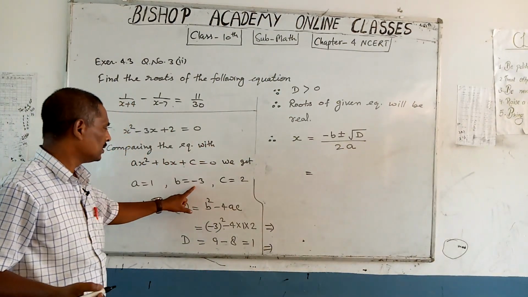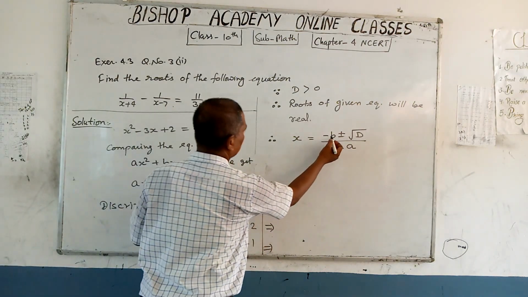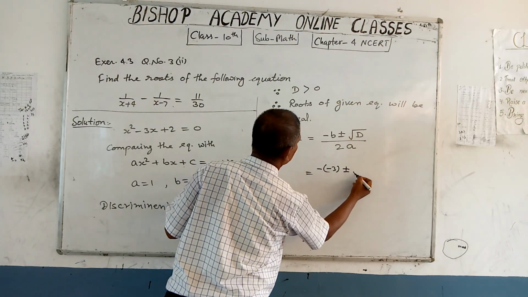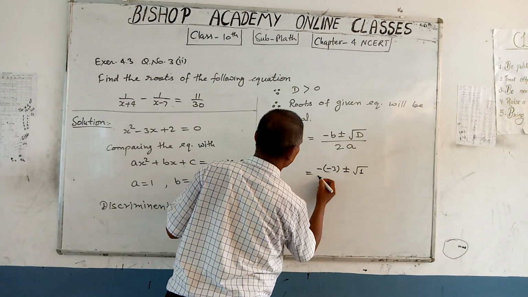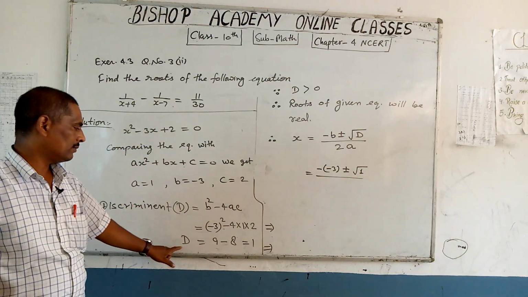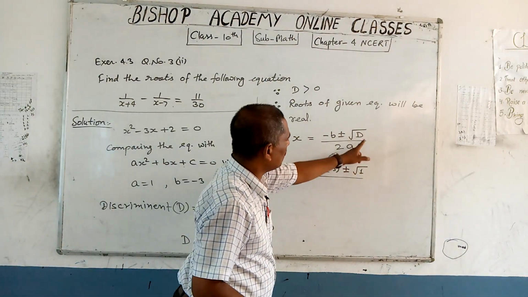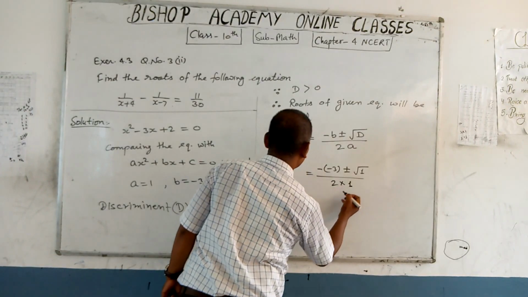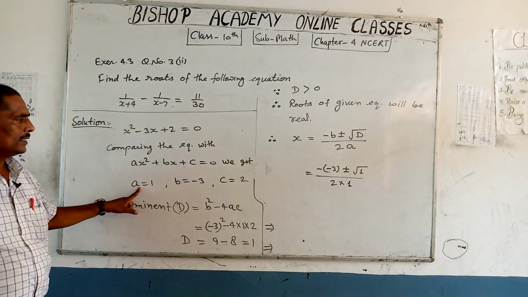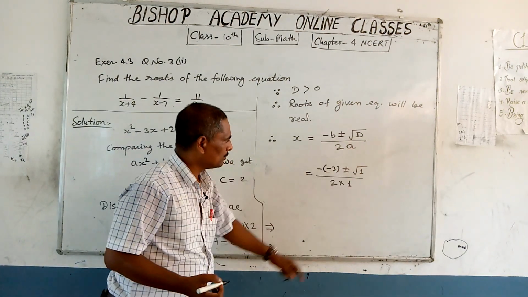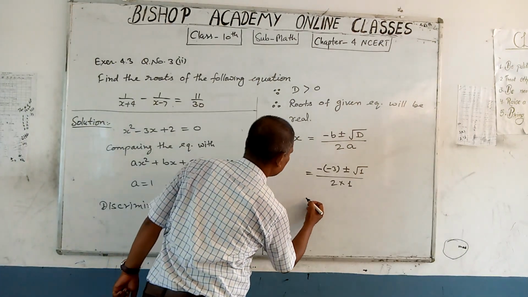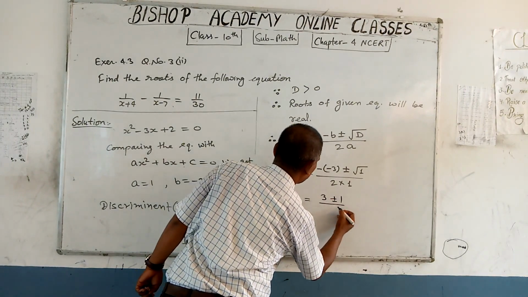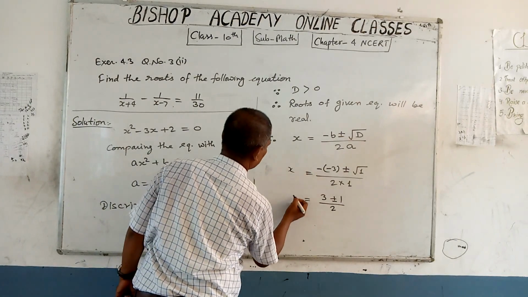Value of b you got here minus 3. Put in the place of b minus 3 plus minus root of discriminant, which is 1. Already you got here discriminant is equal to 1, upon 2 multiply 1. As you got here value of a is 1, you put and simplify. You get x is equal to 3 plus minus 1 upon 2.